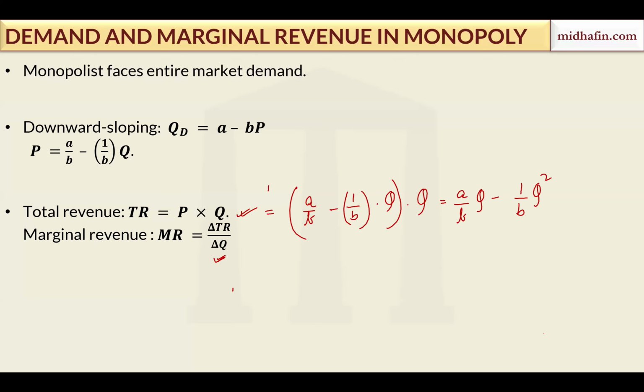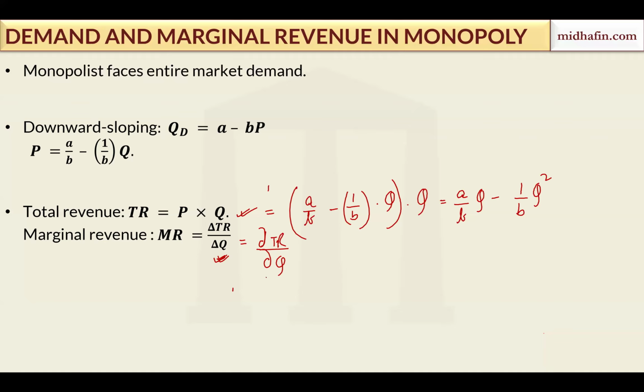But using the language of calculus, they have done it. The delta has been replaced with a partial derivative. So instead of calculating delta TR by delta Q, we calculate the derivative of TR with respect to Q.